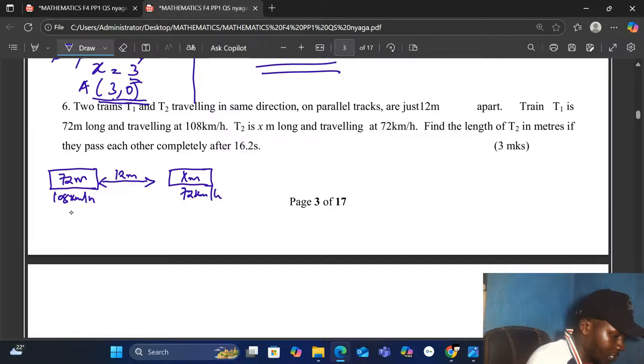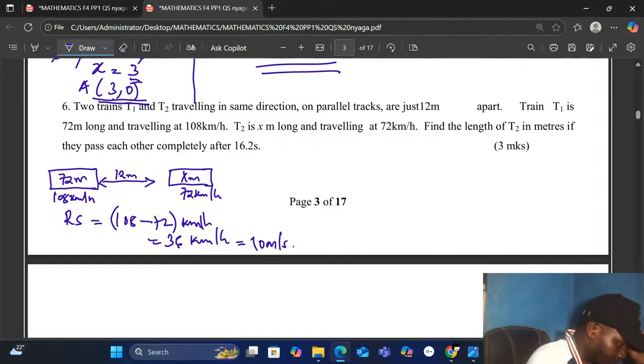So we shall have 108 minus 72 kilometers per hour. So that means that we shall have 36 kilometers per hour, that will be equal to 10 meters per second.